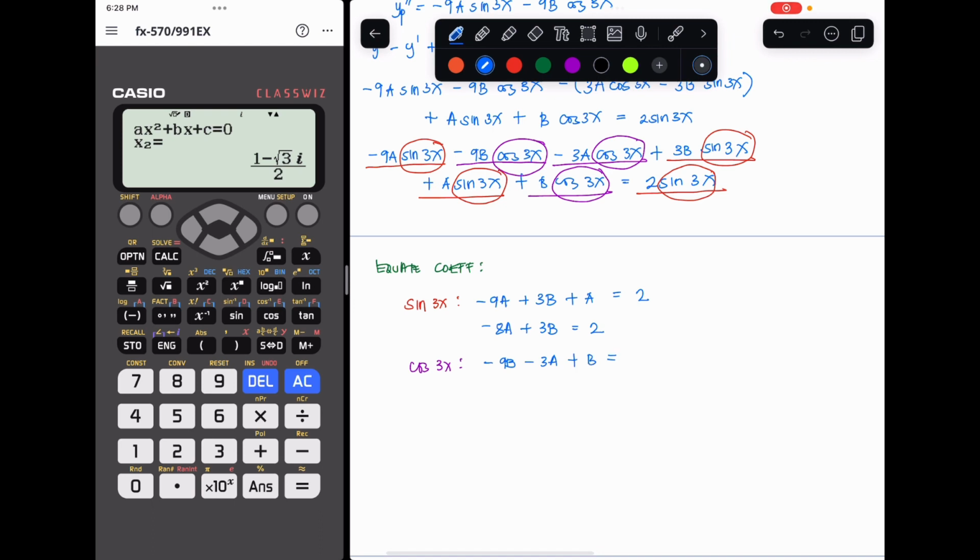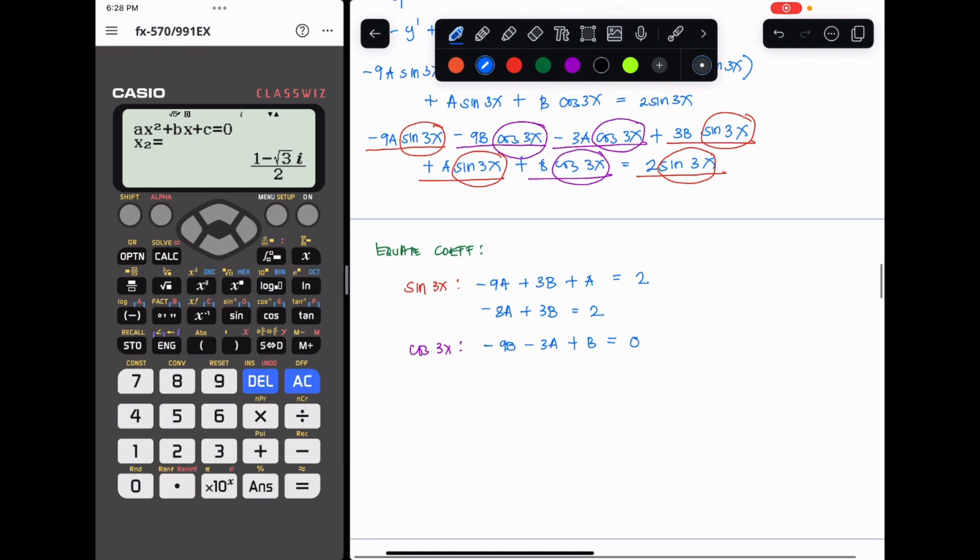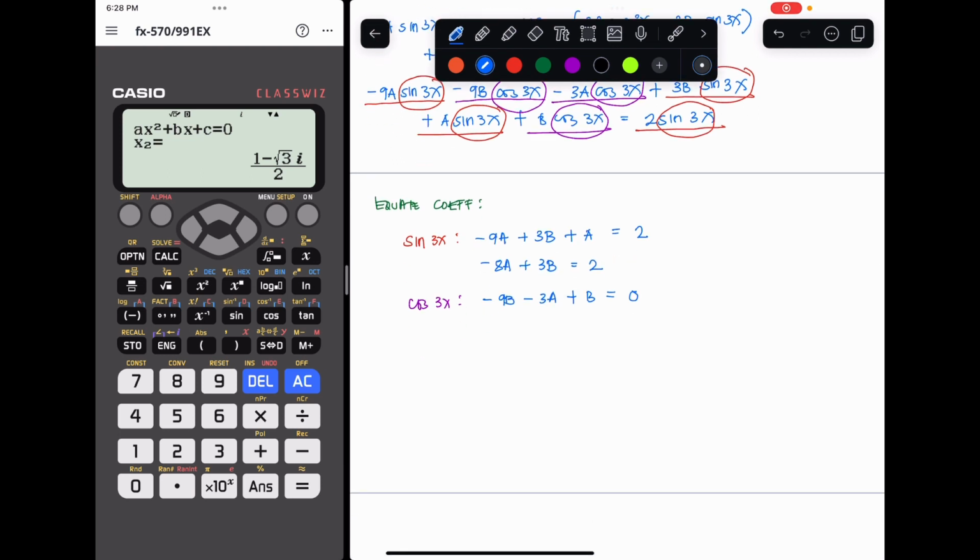On the right side we don't have cosine 3x, so that makes it 0. Then we can combine negative 9b plus b. I'll start with a: negative 3a. Then negative 9b plus b is negative 8b, is equal to 0. Negative 3a minus 8b.